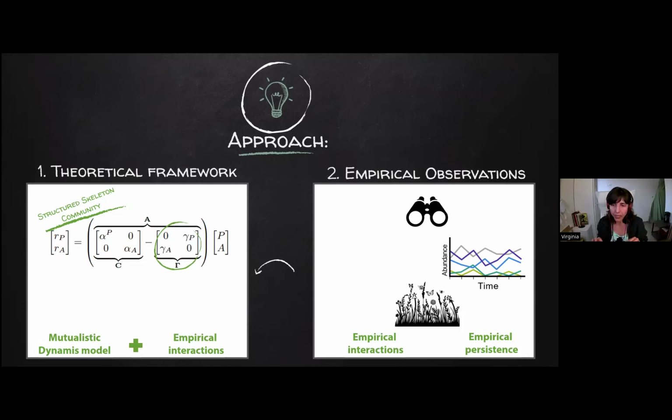There are other communities where this is more doable, and I'm trying to work with them now. With plants, for example. In that case, if you know the real competition network and then the real mutualism network, then you can have a better idea of what's happening. But for that, I think you need to build the experimental setup or the field observation. And of course that's a huge undertaking.